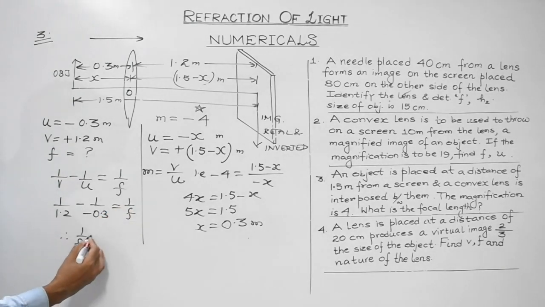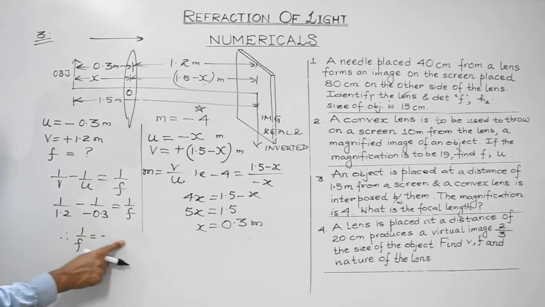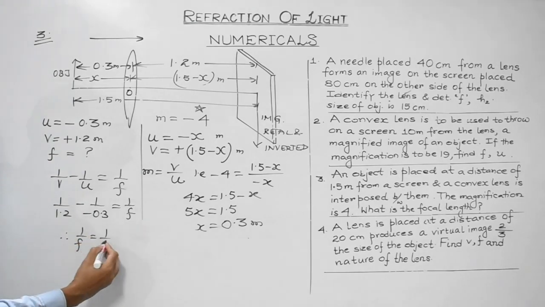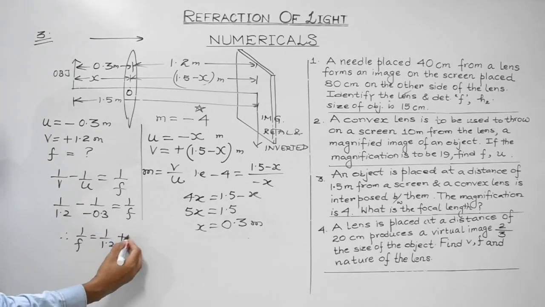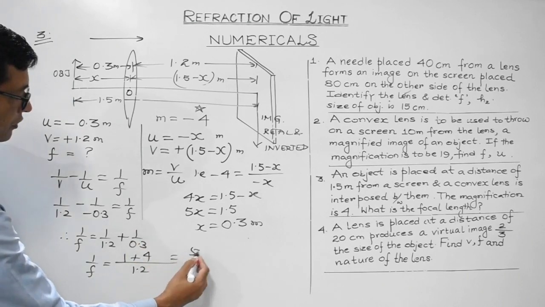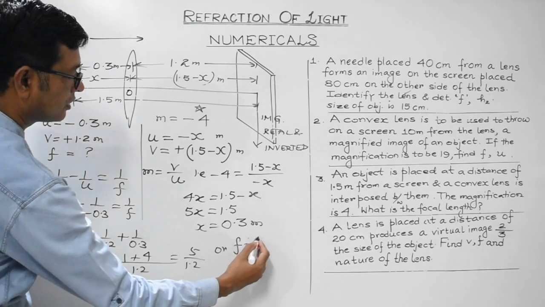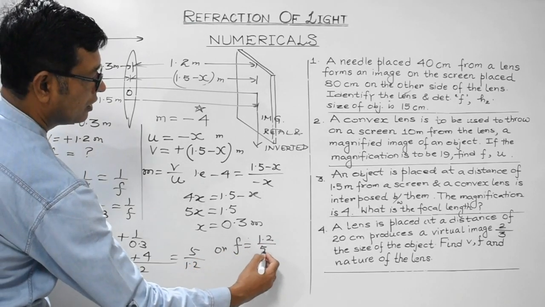Therefore 1 by f will be equal to 1 by 1.2, minus will become plus. Right? So 1 by f will be equal to, LCM can be taken as 1.2, 1 plus 4 times, so it is 5 divided by 1.2. Or taking reciprocal, we get f is equal to 1.2 divided by 5.